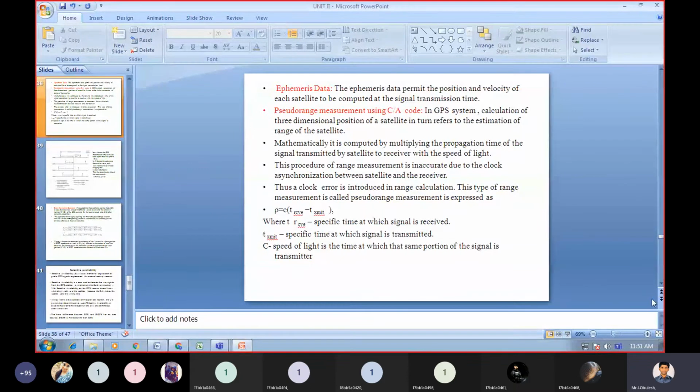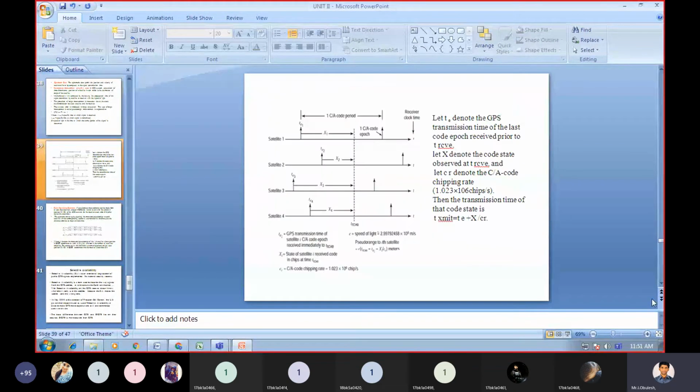You need to see the signal transmissions from satellites 1, 2, 3 and 4 to the receiver, and what the clock time is for each.